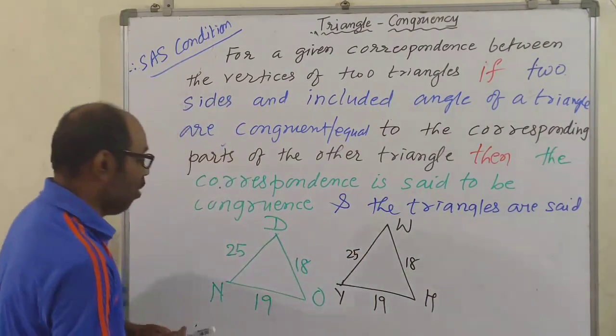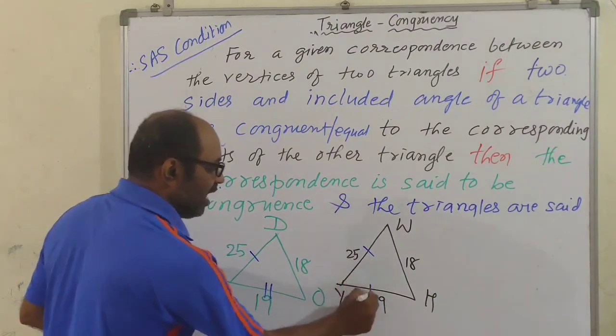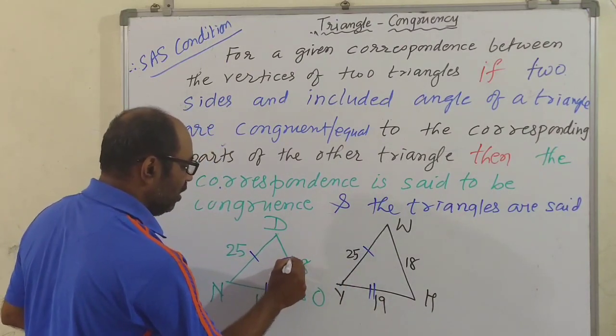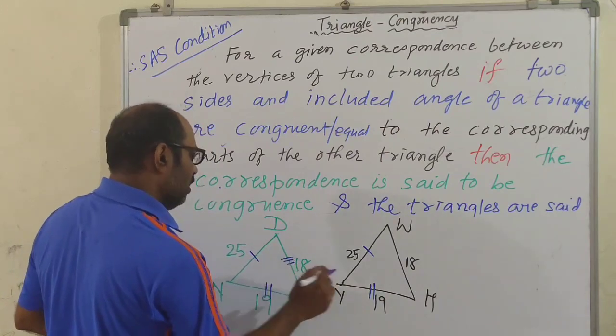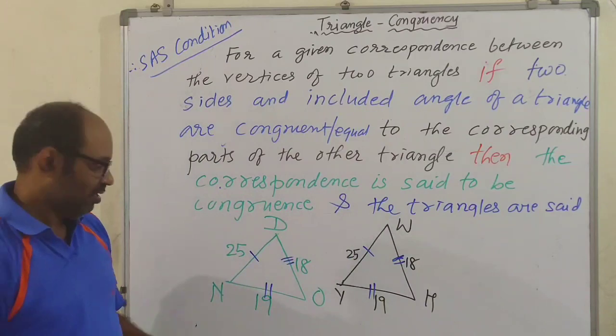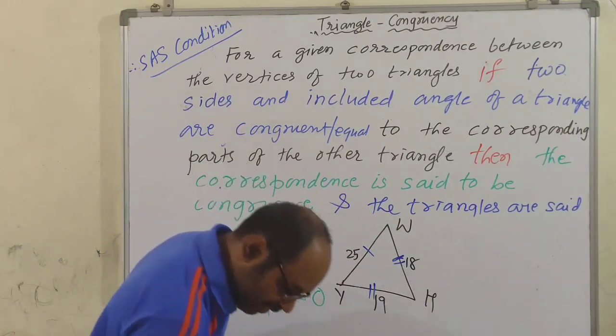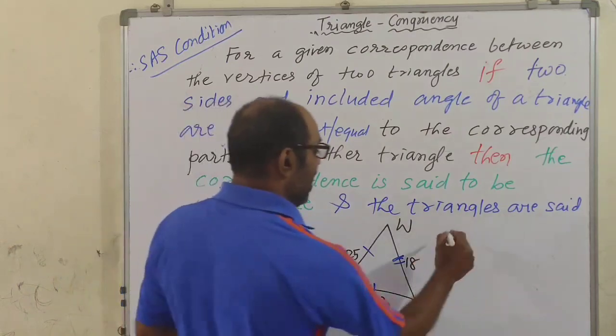So children, what you have? 25, 25, 19, 19, and DO and WH. Well, three parts are congruent. Let me write the green parts on the left hand side.